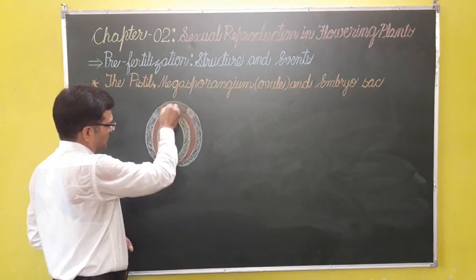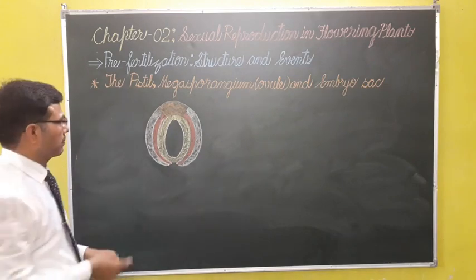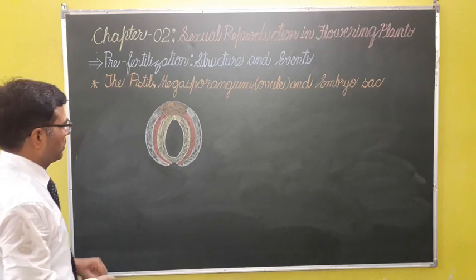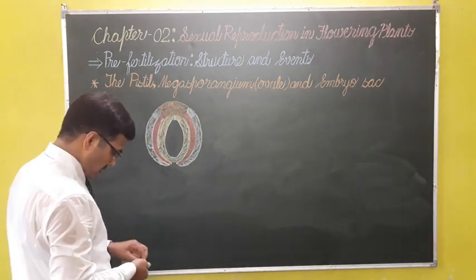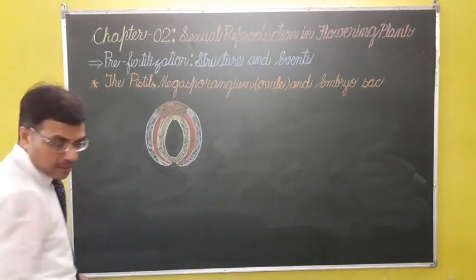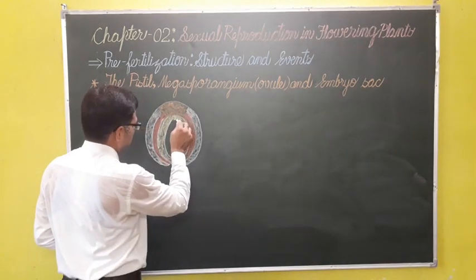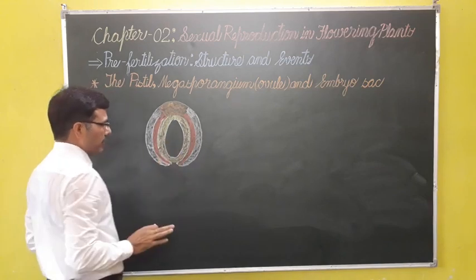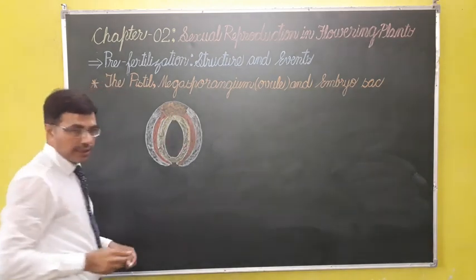Actually, from this chalaza the different envelopes start developing. Now inside this portion, this oval circle which we are observing right now, is the female gametophyte or embryo sac.